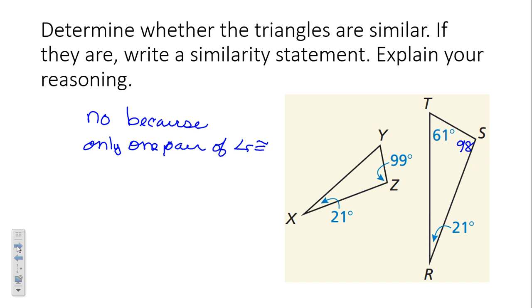Got to have at least two pairs. Had they been congruent, we would have been able to write a similarity statement. And we have to be careful to make sure the angles match up when we write them. Okay? Watch the order. So numbers 1 and 2 are very similar to what we just did. Questions you have about this one? Okay? Let's move on to the next slide.